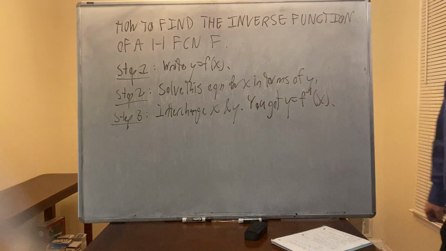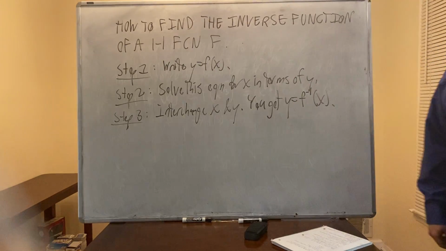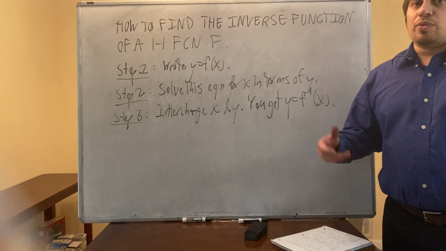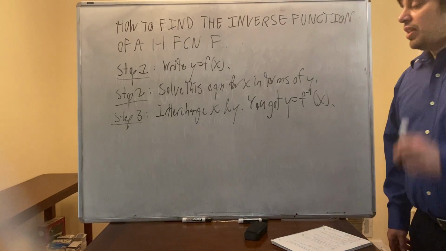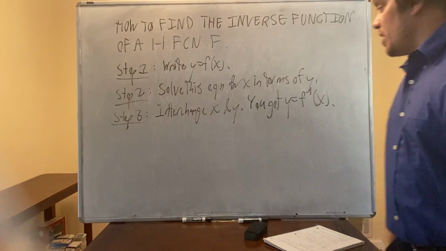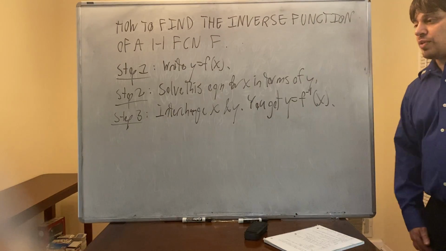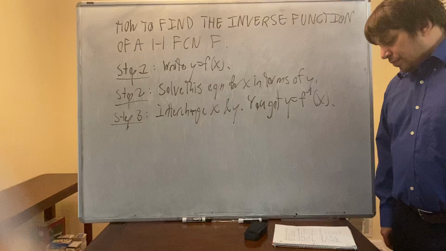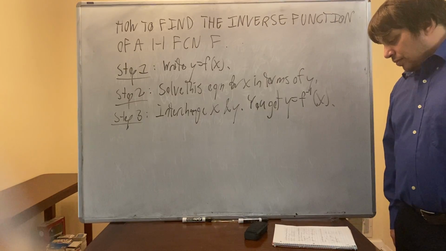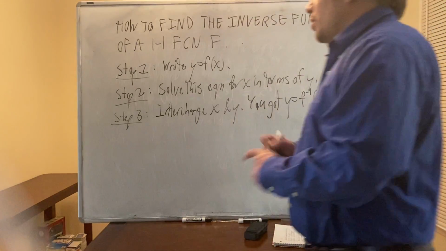Step 2 is solve this equation for x in terms of y. So for instance, you might get x equals 2y minus 1. That would be solving for x in terms of y. Step 3 would then be interchange x and y. You get y equals f inverse of x.